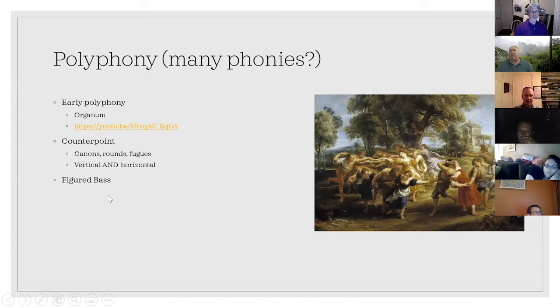Figured bass was a written bass line with numbers at the very bottom of the staff, and the numbers would tell you how the chords should line up vertically. That was important because it gave bass players, the people who played the very bottom line, a way to approach and improvise a bass line based on the composer's wishes.